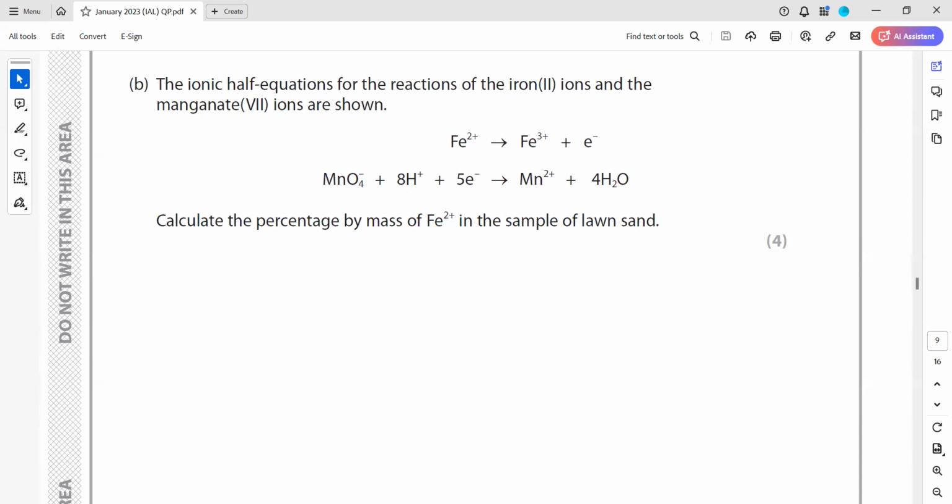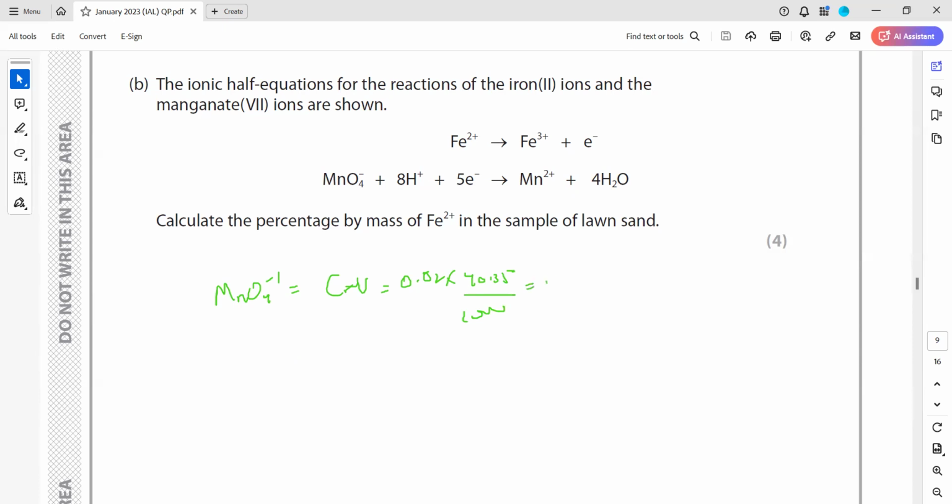So first the moles of MnO4, because the ratio of potassium manganate and MnO4 is 1:1, so it will give the same. So concentration times volume, concentration is 0.02 and the volume is 40.35, and this will be divided by 1000.